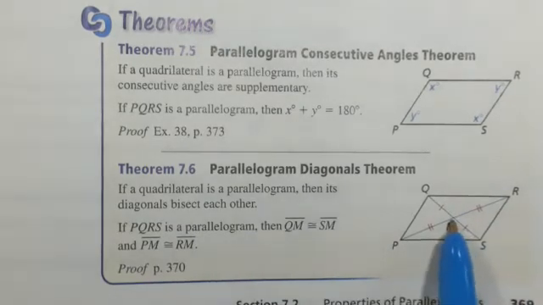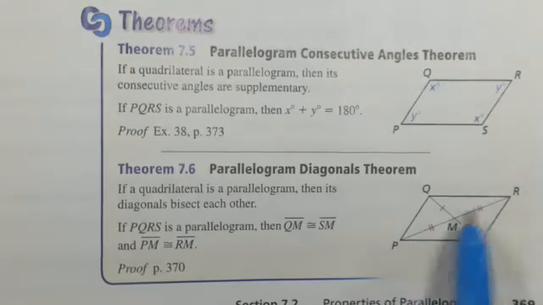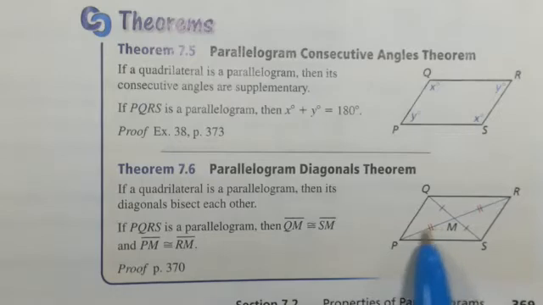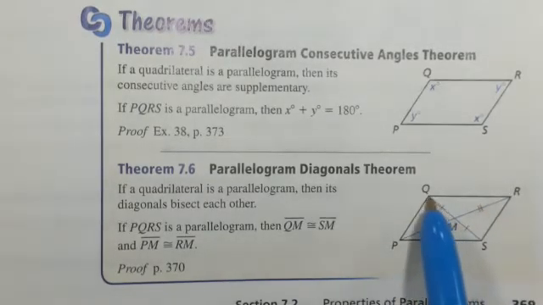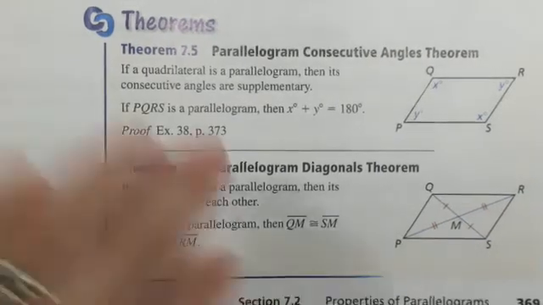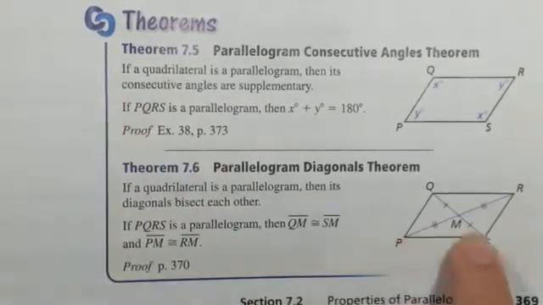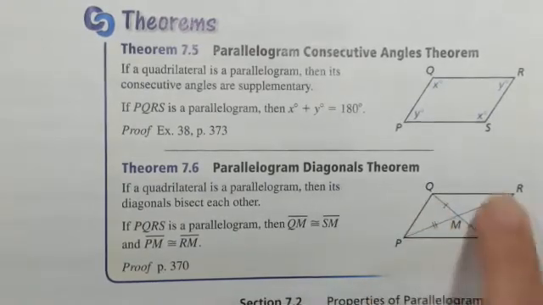They're going to intersect at a point, and the place of intersection is going to bisect each diagonal so that this side is going to be congruent to this side, and this side here is going to be congruent to this side. So the diagonals bisect each other. They're not all four congruent, they're only congruent to the opposite one, to the one they're bisecting.